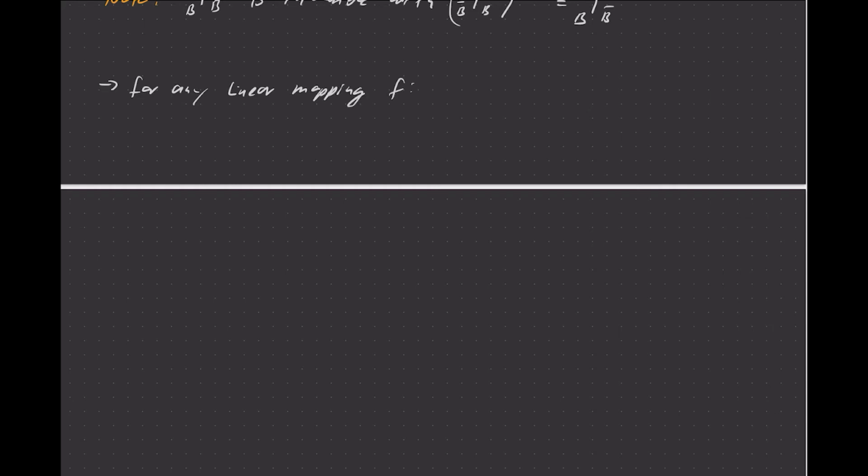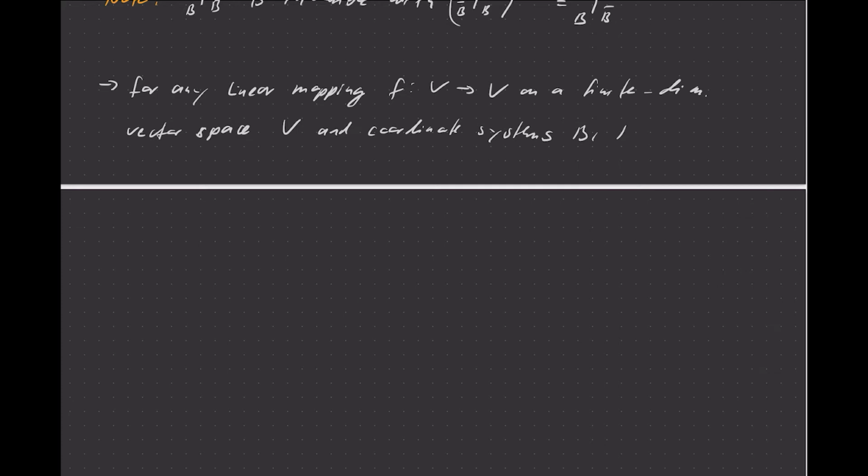So for any linear mapping f from V to V, let's start with V to V, on a finite dimensional vector space V, and coordinate systems, we call those B and B bar again, on V, we have the following.